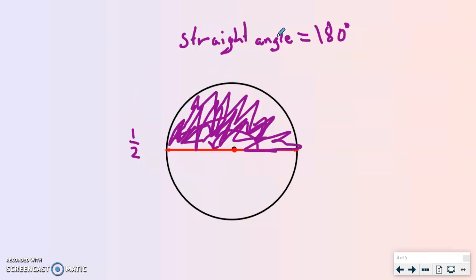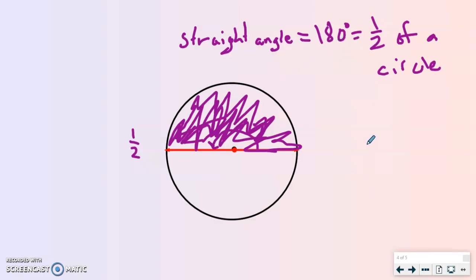So we know that a straight angle is equal to 180 degrees, which in turn is equal to half of a circle. Awesome. Okay, and again, the numbers work.